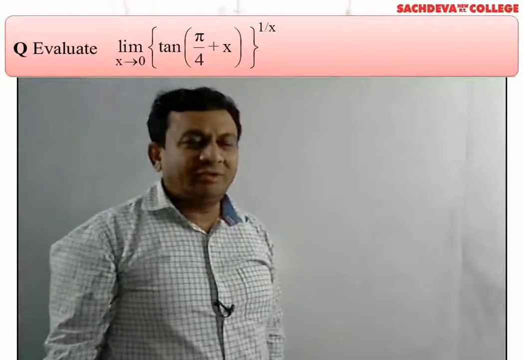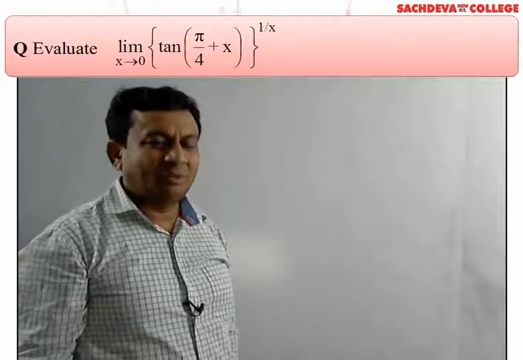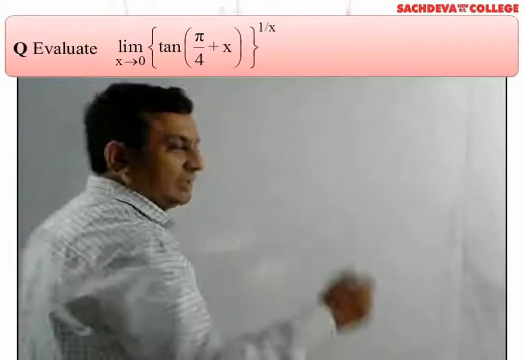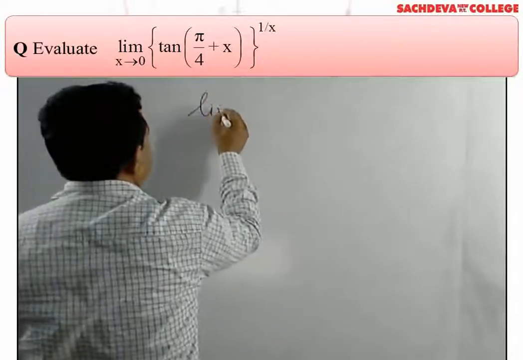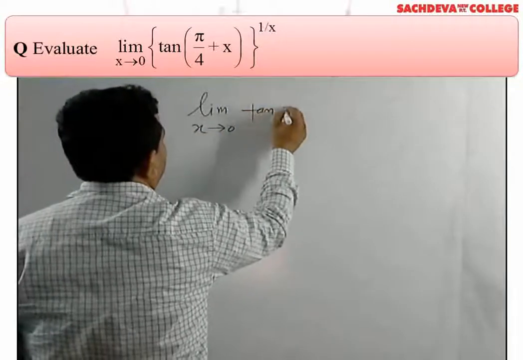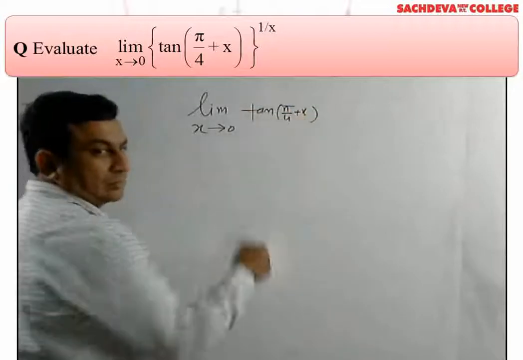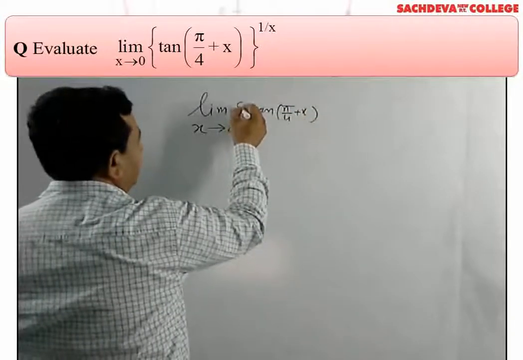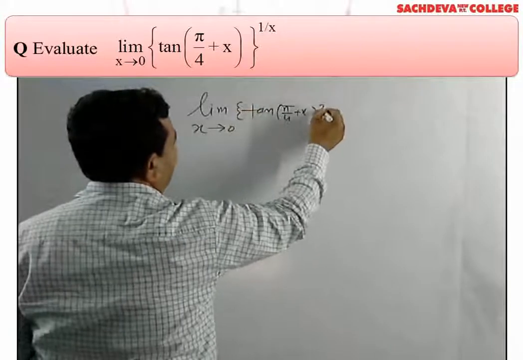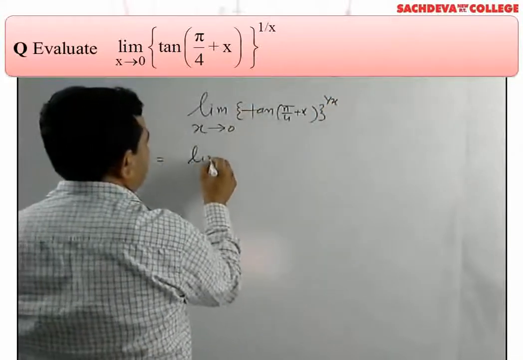Now evaluate limit x tends to 0, (tan(pi/4 + x))^(1/x). Given that limit x tends to 0, (tan(pi/4 + x))^(1/x) is equal to limit x tends to 0.